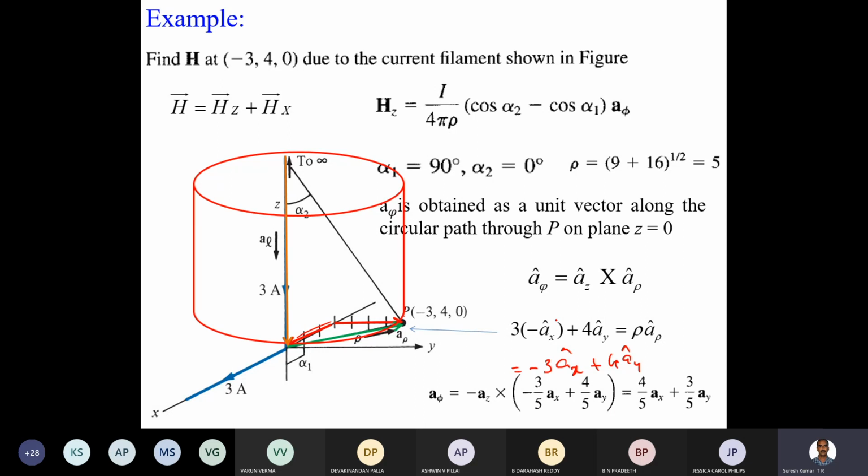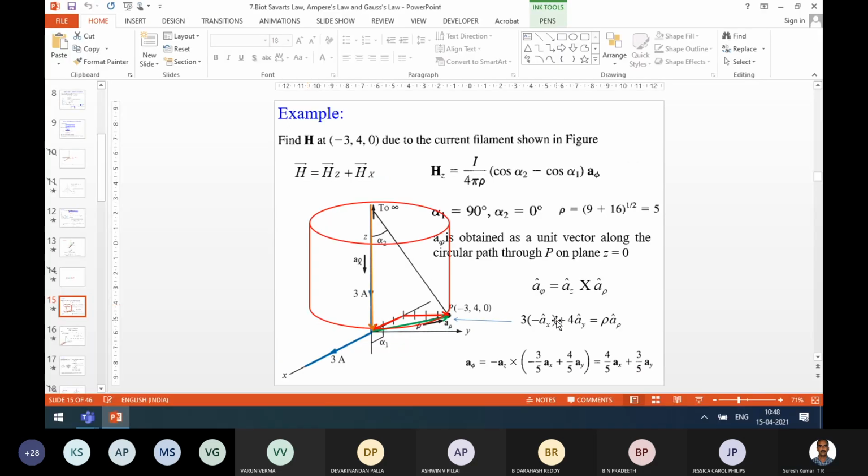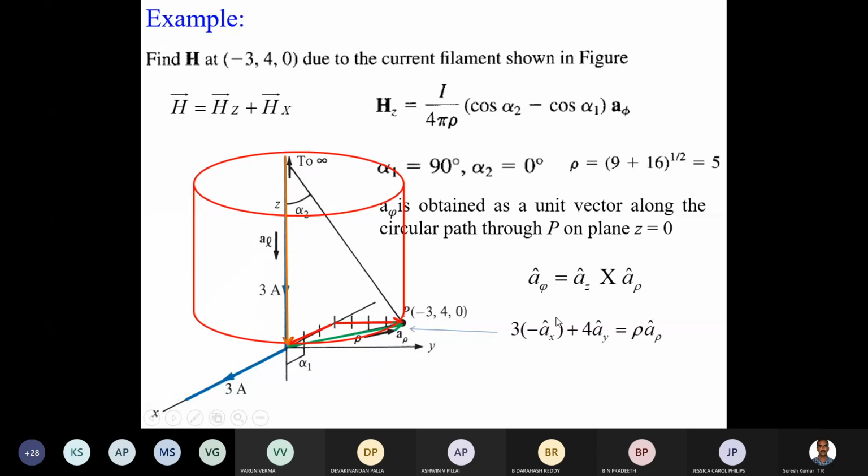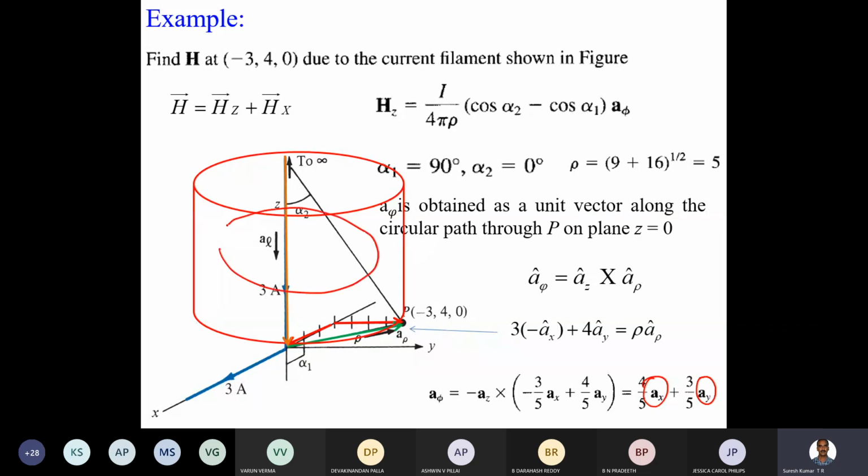Now let us check this answer. Let us try to understand this AX and AY, because sometimes we may make this kind of careless mistake, so we can cross check. It's very easy. This is a vertical element, so if you use the right hand rule, you can easily find the direction of the magnetic field.